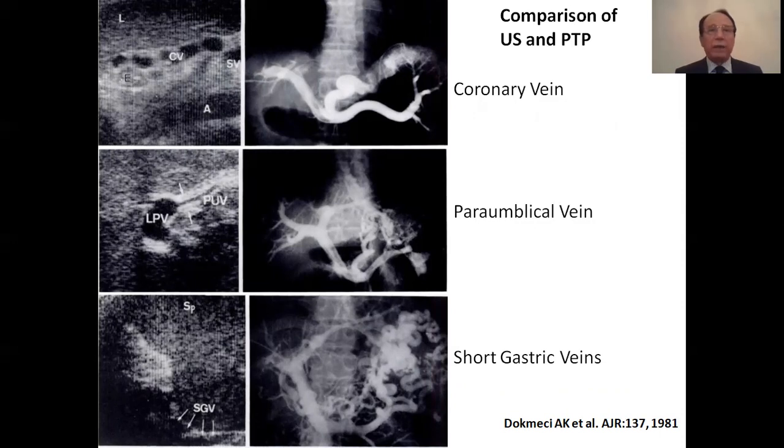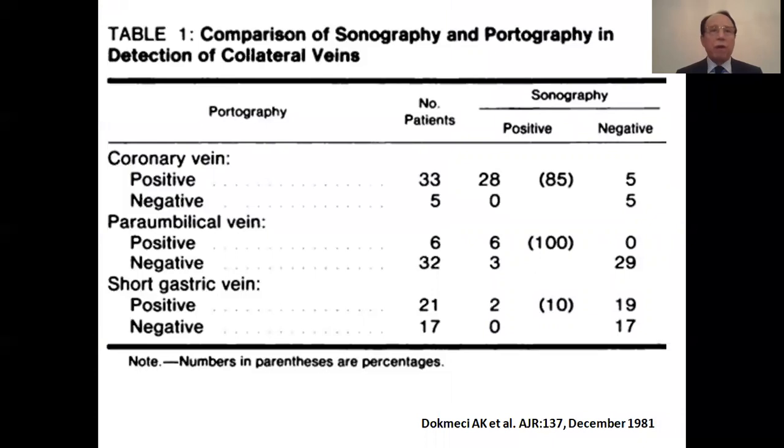We demonstrated that the frequency of detection of collaterals by sonography relative to that by percutaneous transhepatic portography was 85% for the coronary vein, 100% for the paraumbilical vein, and 10% for the short gastric veins. We conclude that ultrasound is perhaps the first choice procedure for the demonstration of collateral veins and diagnosis of portal hypertension.